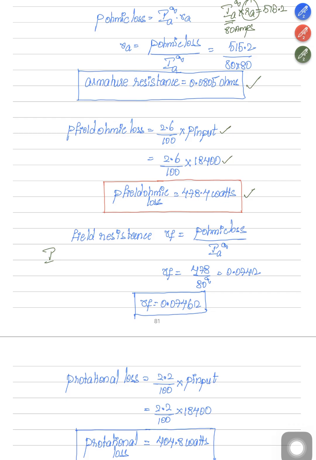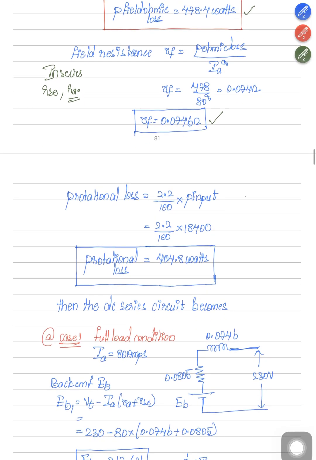We already know in a series motor, the series field winding and armature winding are connected in series. The field winding resistance is 0.0746 ohm, and rotation losses are 2.2% of input power. By this the rotational losses are 404.8 watts.